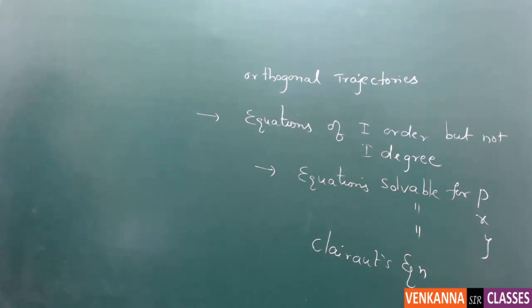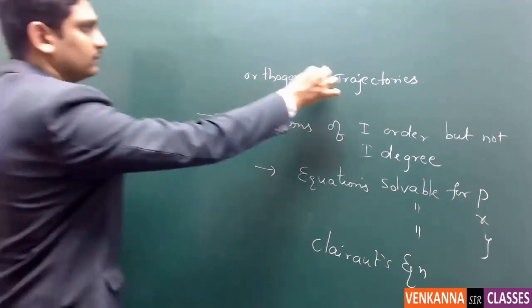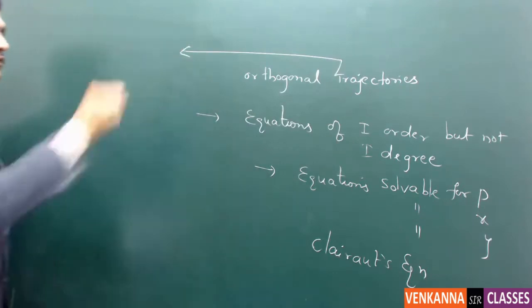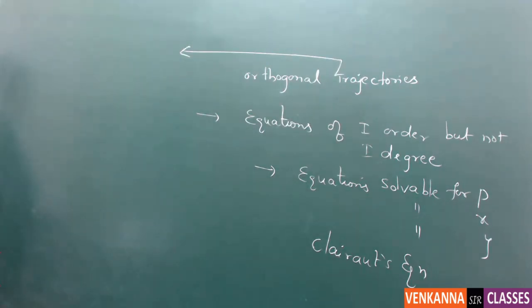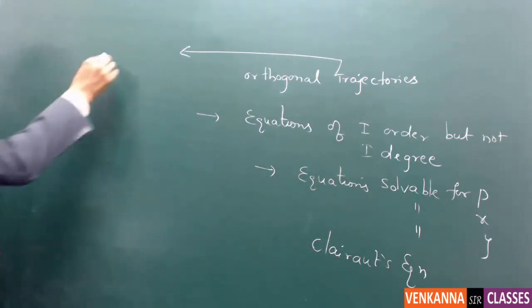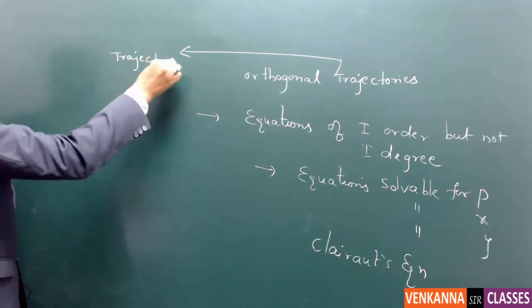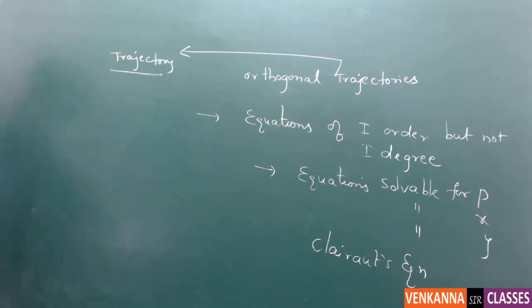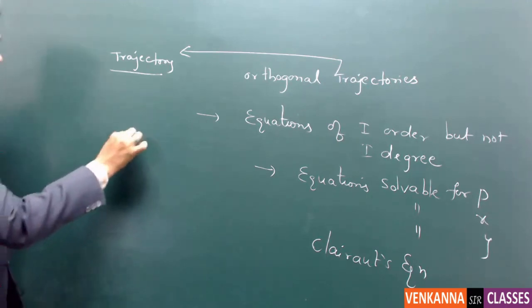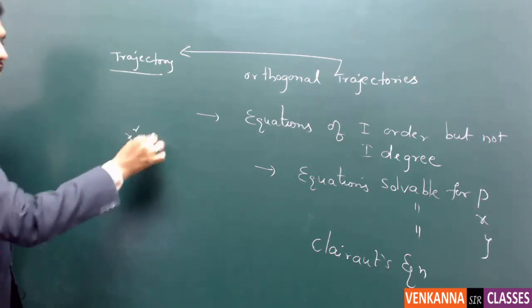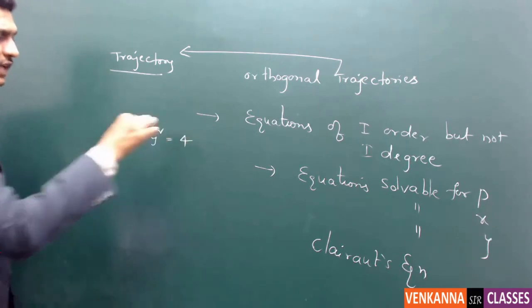So let me give the definition of it. So what is meant by a trajectory? Now let us have a small example that take the equation x square plus y square equal to 4.